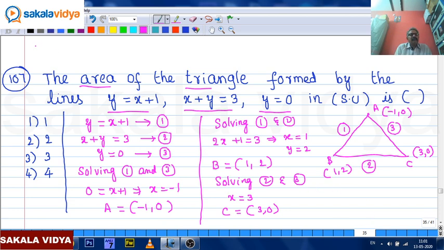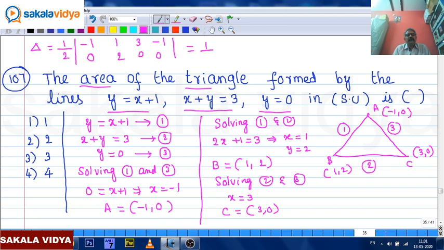That means delta is equal to half mod, minus 1, 1, minus 1, 1, 3, minus 1, y coordinates 0, 2, 0, 0.